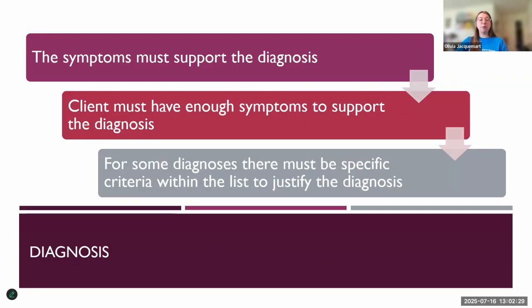And things to keep in mind when reviewing either the psych evals or the diagnostic assessment: the symptoms must support the diagnosis. The client must have enough symptoms to support the diagnosis. For some diagnoses, there must be specific criteria within the list to justify that diagnosis. Make sure to work with the person who is diagnosing if you are unsure of those requirements.